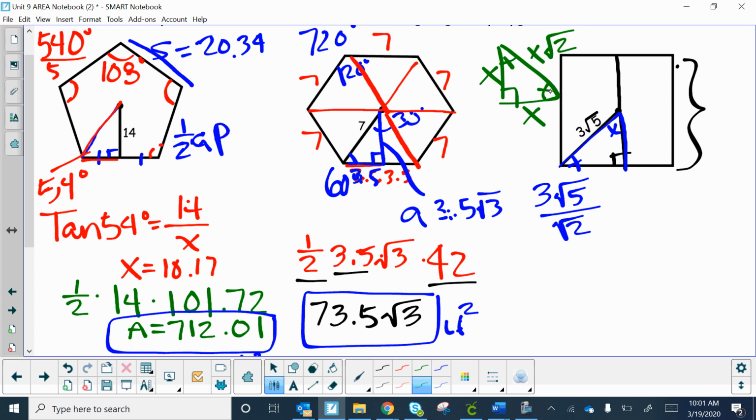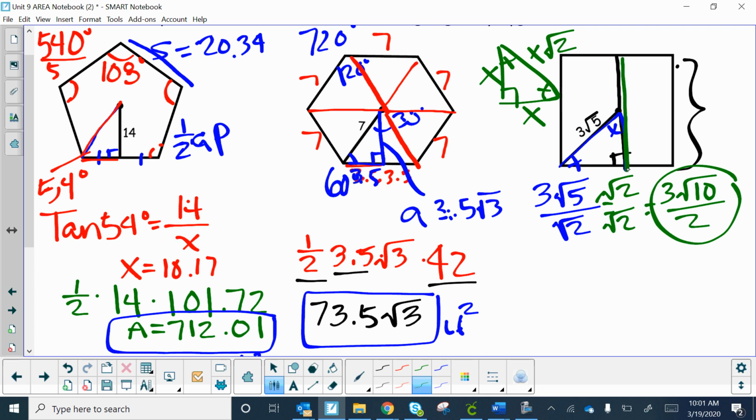So let's figure out how to change that. I have to multiply it by radical 2 over radical 2, which gives me 3 radical 10 over 2. So guess what, guys? This right here is this piece right here. Well, I need to double that so I can have the whole entire side. So what is this times 2?